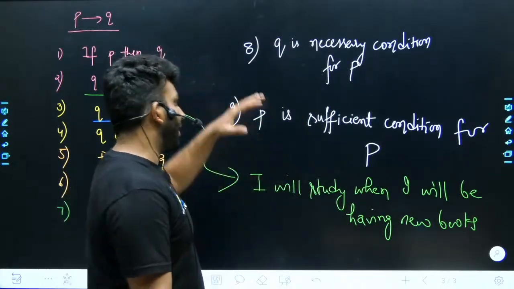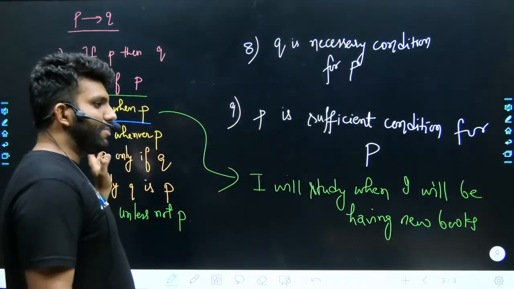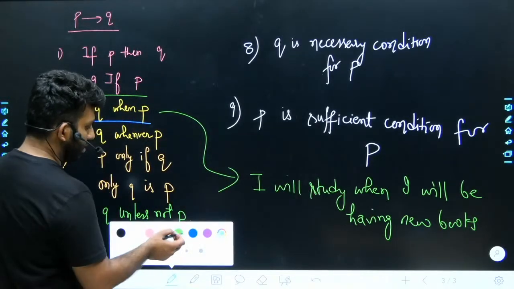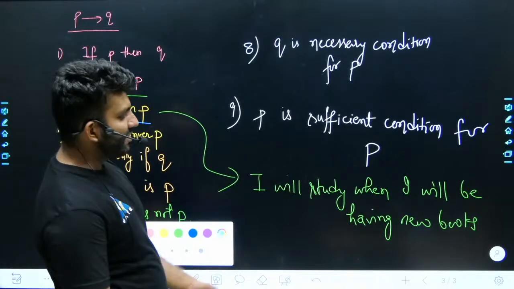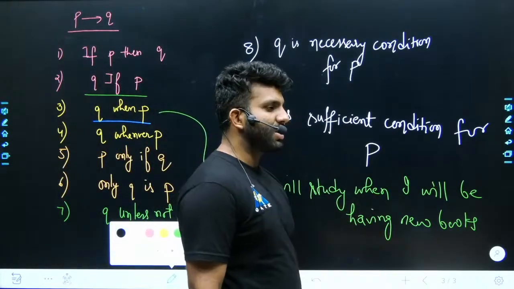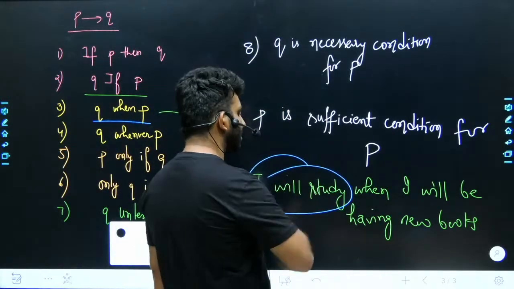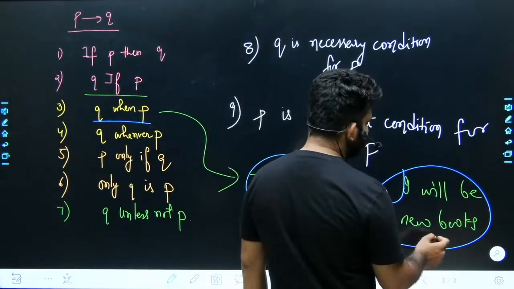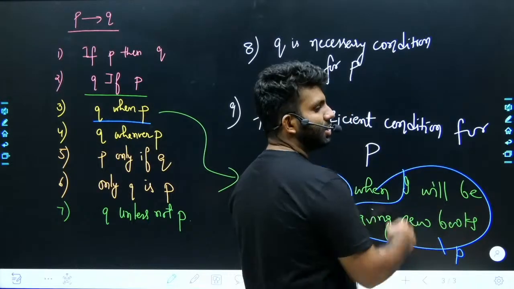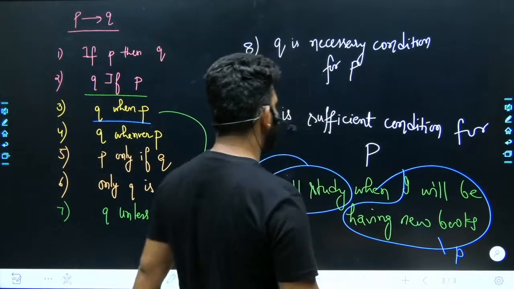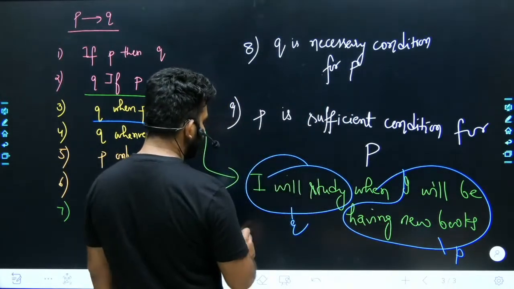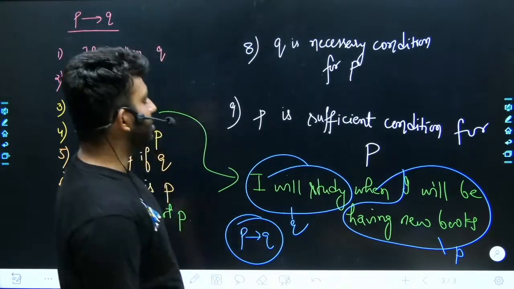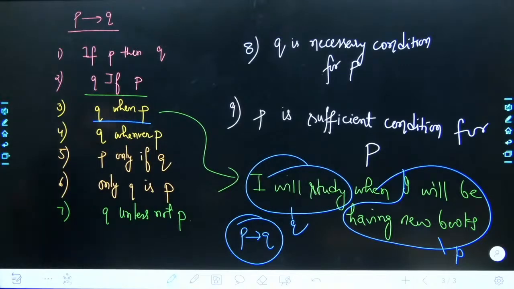I'll tell you each example one by one. I will study when I will be having new books. That means I'll be doing this if this condition is satisfied. That means this is P. If this is one proposition and this is the other proposition, then it means P implies Q. If I will be having new books, then I will study. Simply. This must be clear.